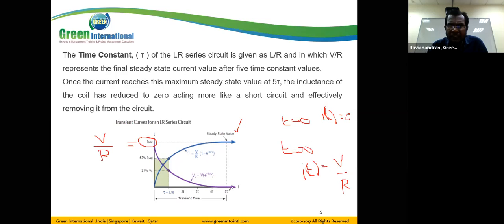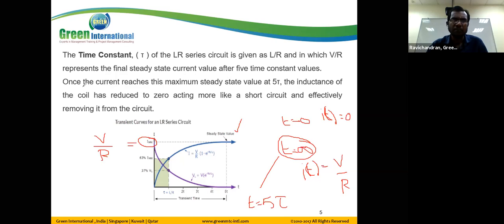Here I say infinity, but in general it is possible to find the exact value of t. In general, at t is equal to 5 tau, 5 time constants, the circuit achieves the steady state.